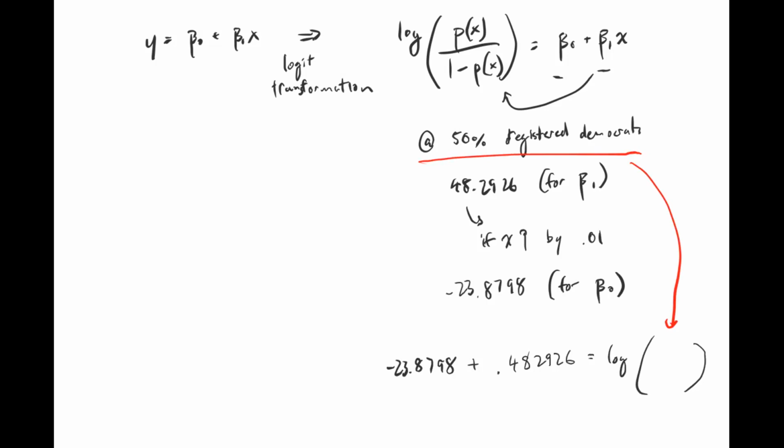But it's also nonlinear, right? Remember that chart about how the probability relates to the log odds. And so the actual effect of the coefficient will change at different levels of x.